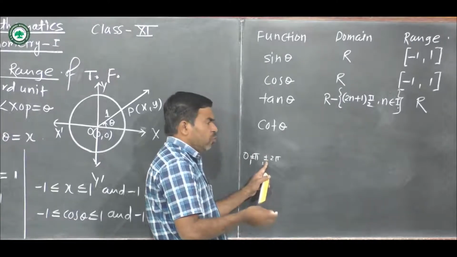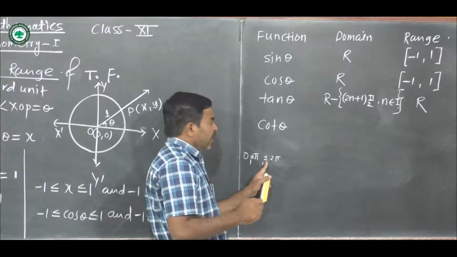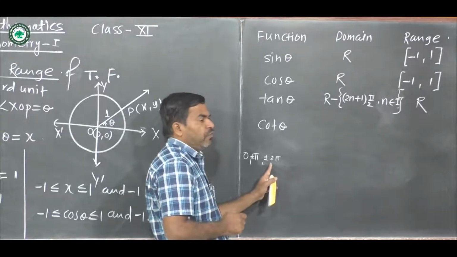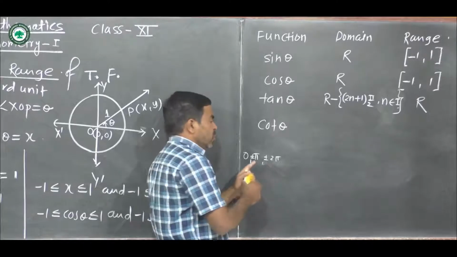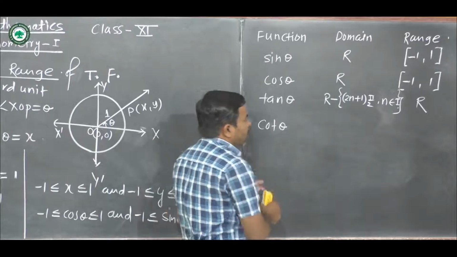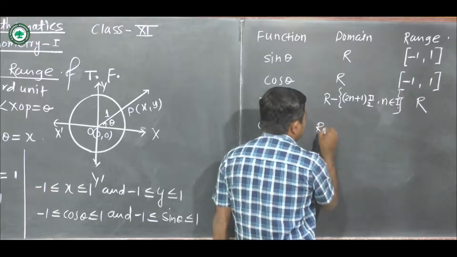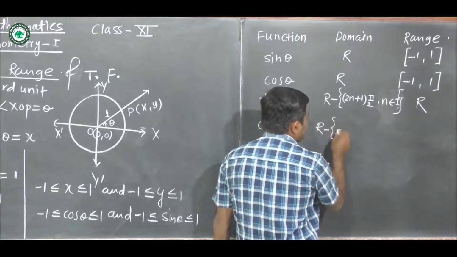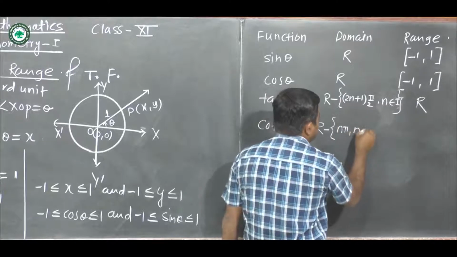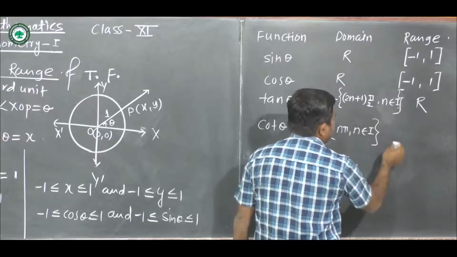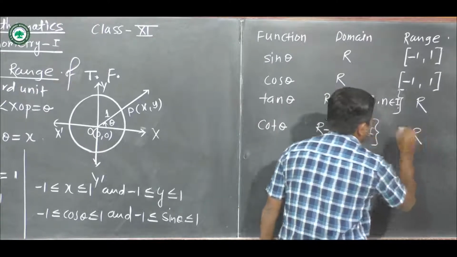It means that we have to exclude these values from the set of real numbers. So the domain of the cotangent function, or domain of cot theta, is R minus n pi, n belongs to I, and its range is also capital R.